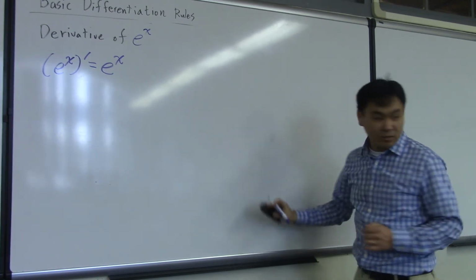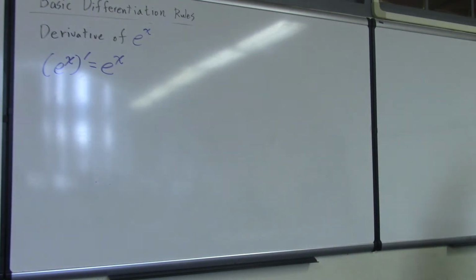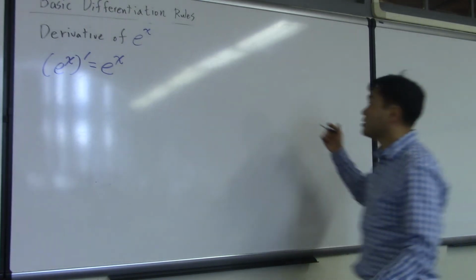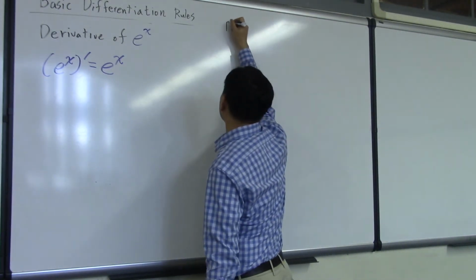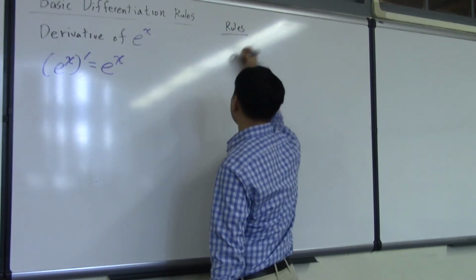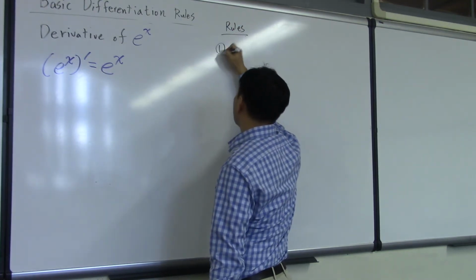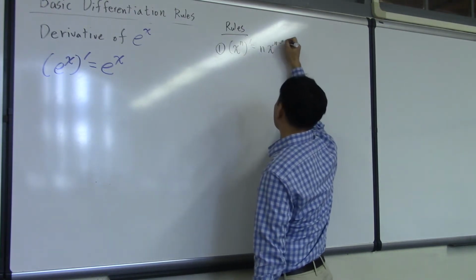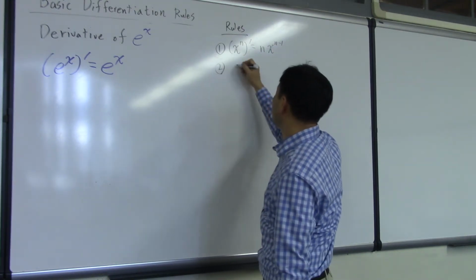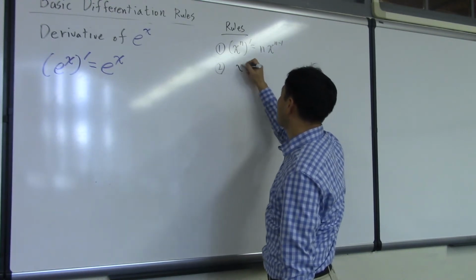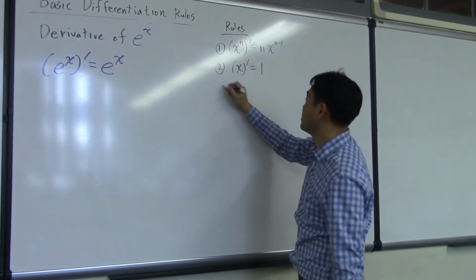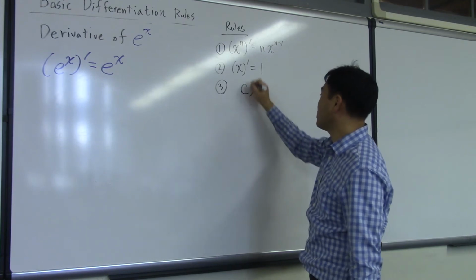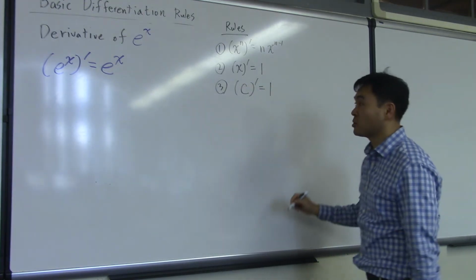Okay, now let's summarize our results today. We learned a lot today. So all the rules we found. Number 1, x to the n prime is n x to the n minus 1, the power rule. Number 2, x prime is 1. Number 3, any constant differentiates to 0.